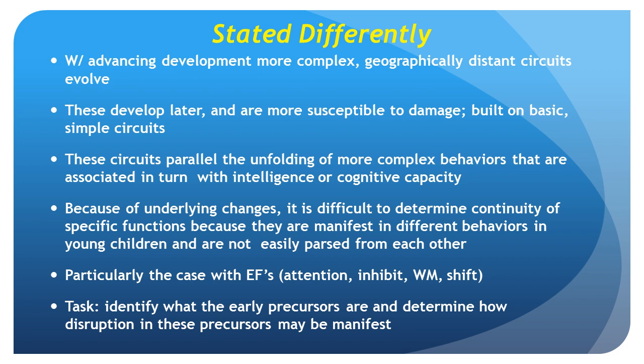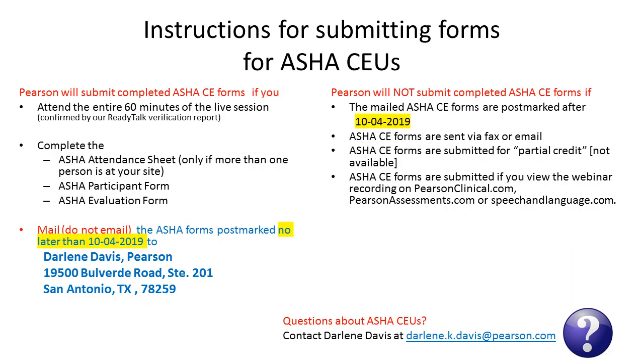And I think a long-term task in developmental assessment is to identify what early precursors are of these more complex behaviors and functions and determine how disruption in these precursors may be manifest. And with that, I would be glad to take on any questions.